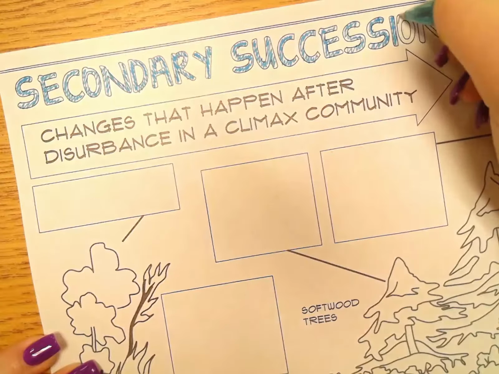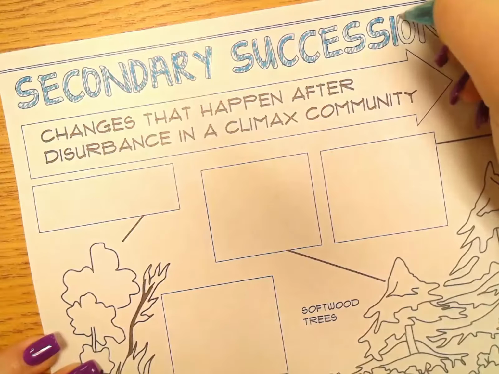This means that it can happen faster than primary succession. It still, though, is going to take hundreds of years. So it's still not a quick process, right?